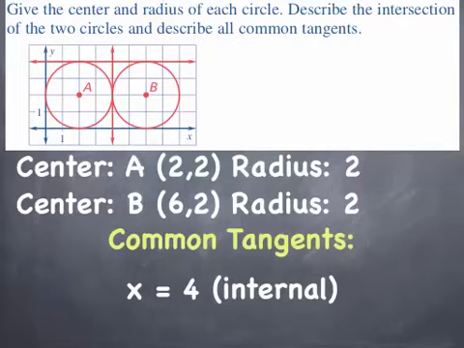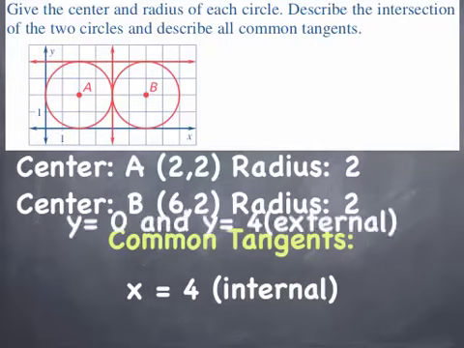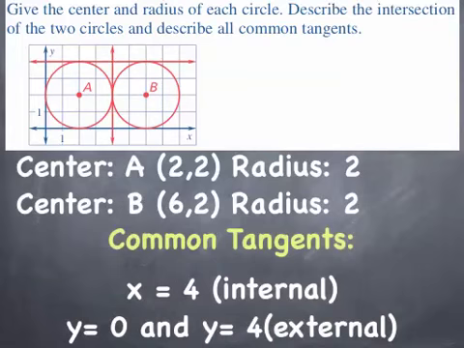The other two common tangents would be y equals 0, which would be the x-axis. If you look at that blue line, the x-axis, that would be tangent to both circle A and circle B. And then y equals 4, which would be the line horizontal above the two circles. Both of those would be considered external tangents.